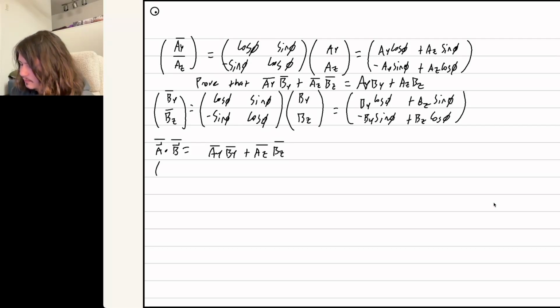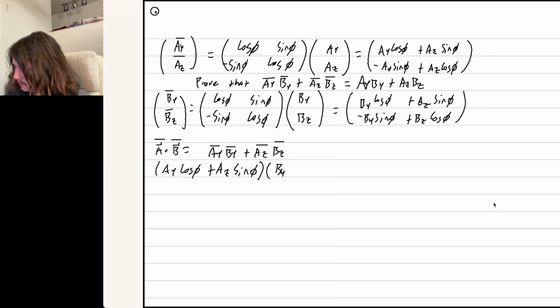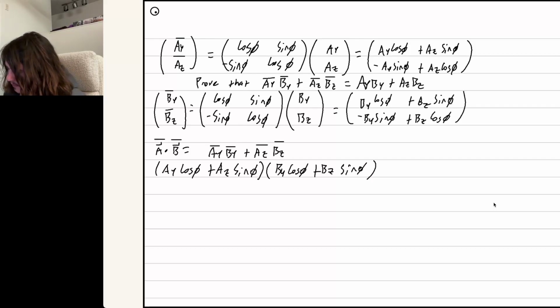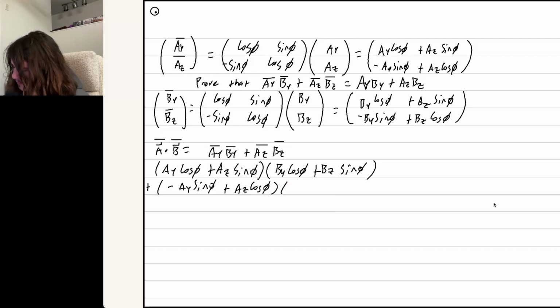So using our definitions of the rotation, it'll look like this: Ay cosine phi plus Az sine phi, times By cosine phi plus Bz sine phi, plus minus Ay sine phi plus Az cosine phi, times minus By sine phi plus Bz cosine phi.